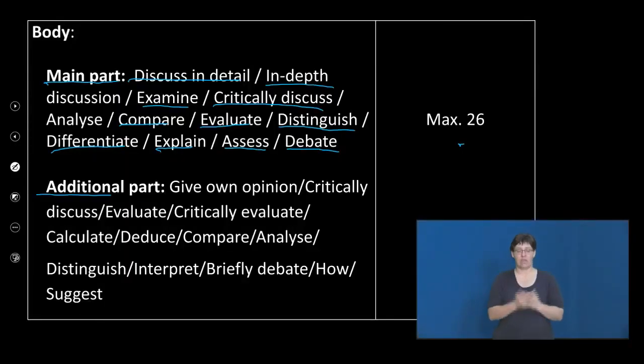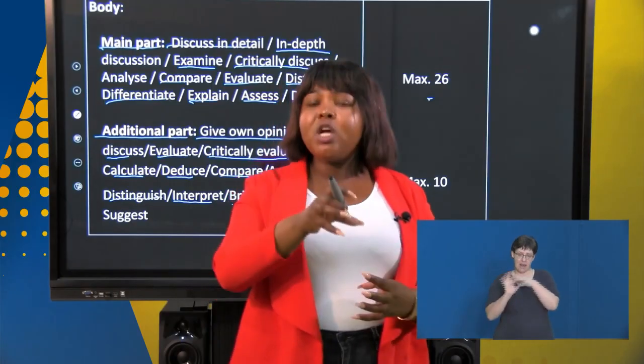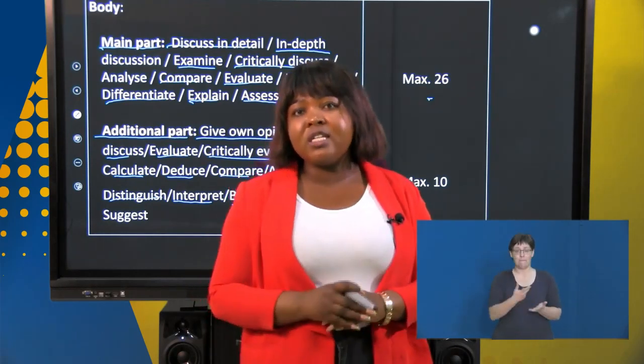We've got the additional part, which normally carries words like give your opinion, critically discuss, evaluate, critically evaluate, calculate, deduce, compare, analyze, distinguish, interpret, briefly debate, how, suggest. This one carries 10 marks, and it's normally linked to the main part, but the question is a separate question and should be treated as such.